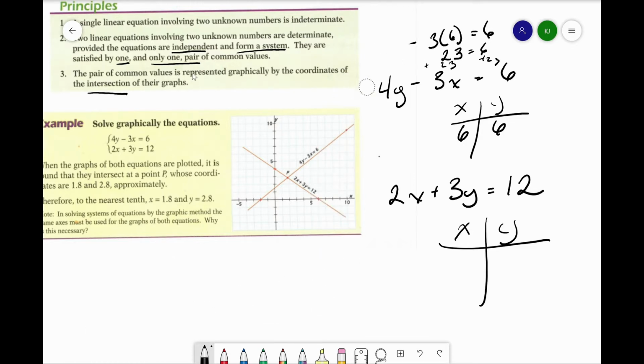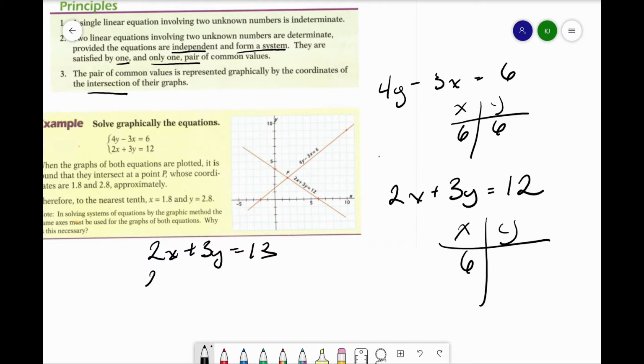And now let's see about the other equation. If x equals 6, so 2x plus 3y equals 12. 2 times 6 plus 3y. So this is going to be 12 plus 3y equals 12.